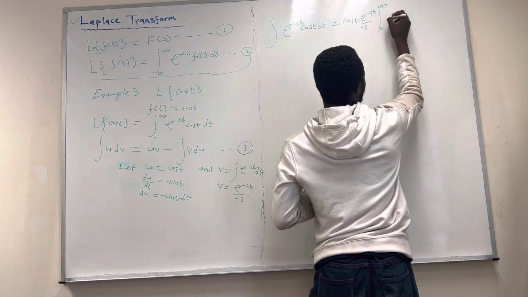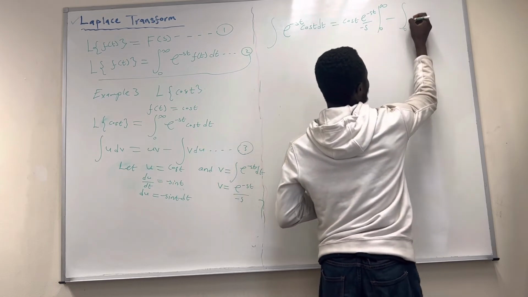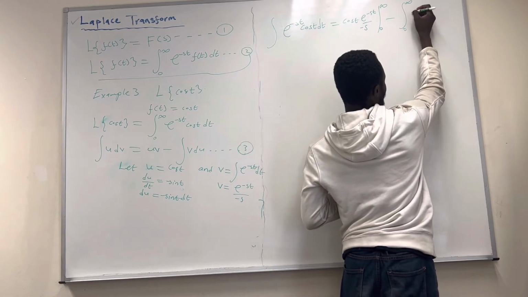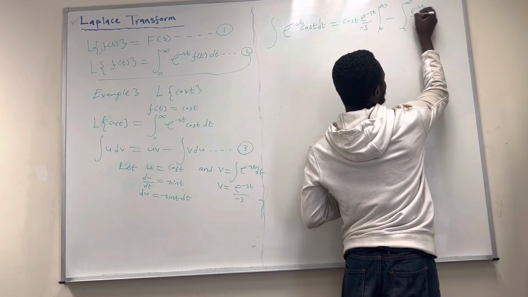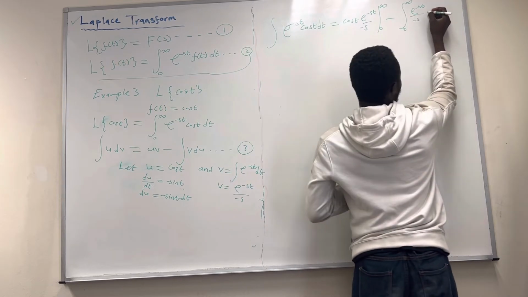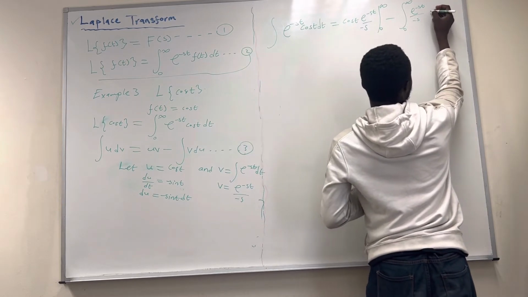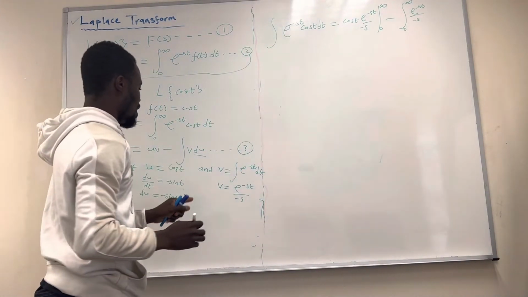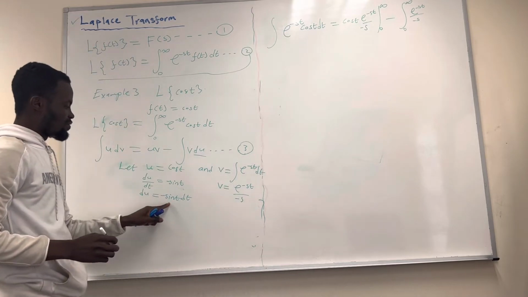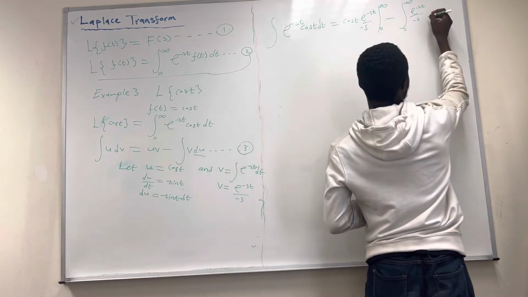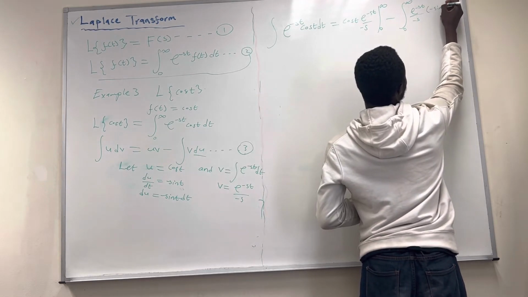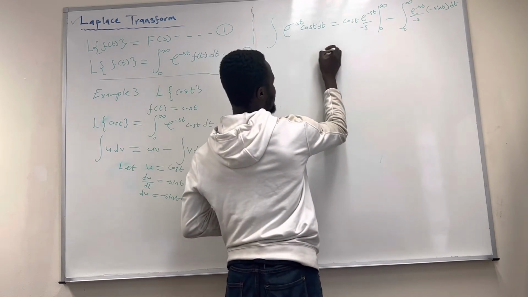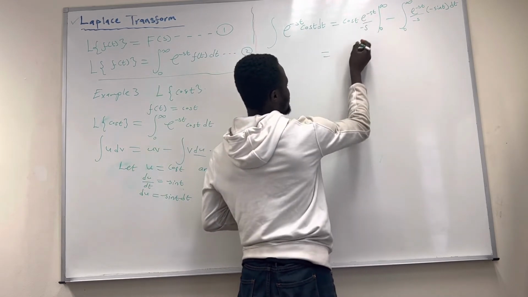Okay, minus the integral from 0 to infinity of v, which is e to the negative st over negative s, then your du, which is negative sine t dt. So you're going to get negative sine t dt. Okay, good.